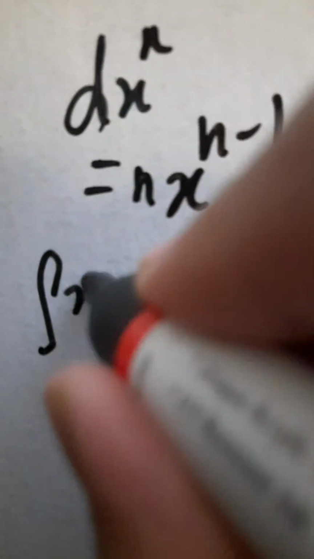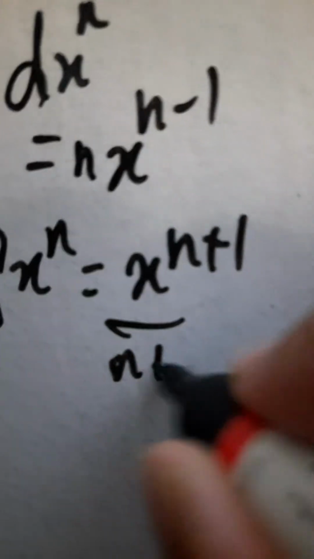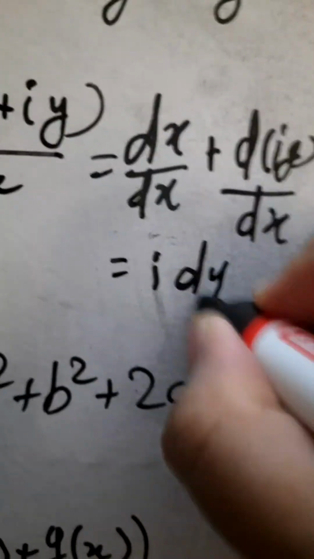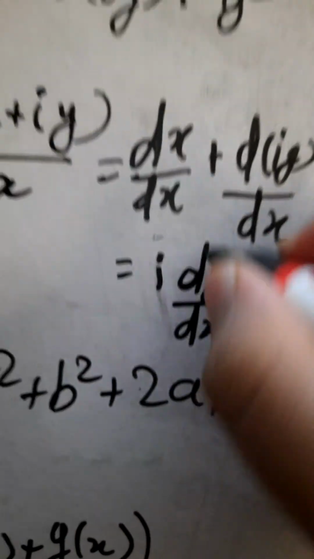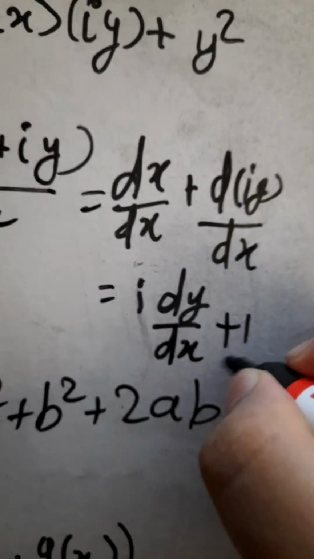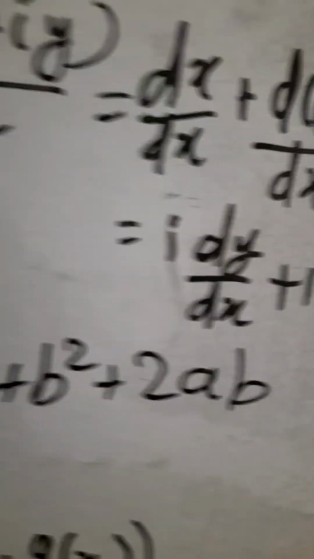Same thing with integration, x raised to n equals x raised to n plus 1 by n plus 1, okay. So now here it would be i dy by dx. Oh, sorry, this would be 1, right? Plus 1. Oh, this one won't vanish, right? So dz by dx is this, okay?